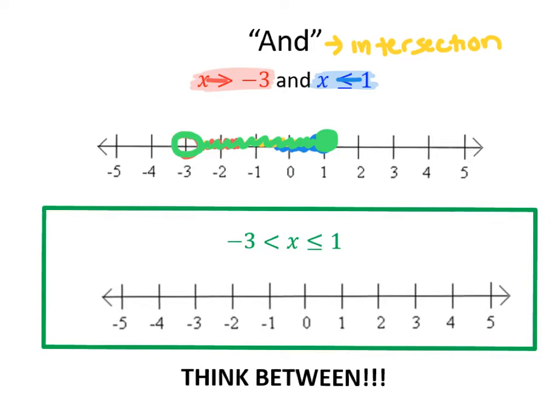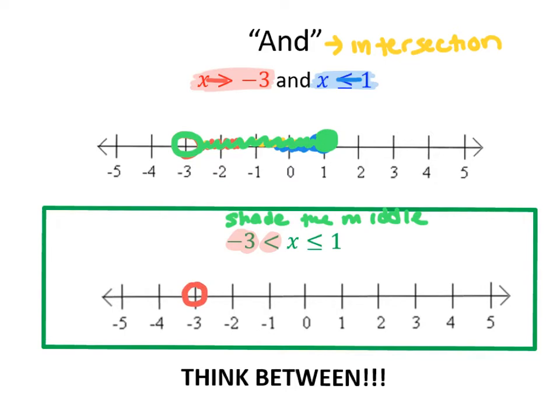Now, if you see something like you have below, you can also graph it in the same order. We know that because x is in the middle, you are going to shade the middle. So if I want to graph this, from the first part, I know that I have an open circle at -3, so I can put my open circle at -3.